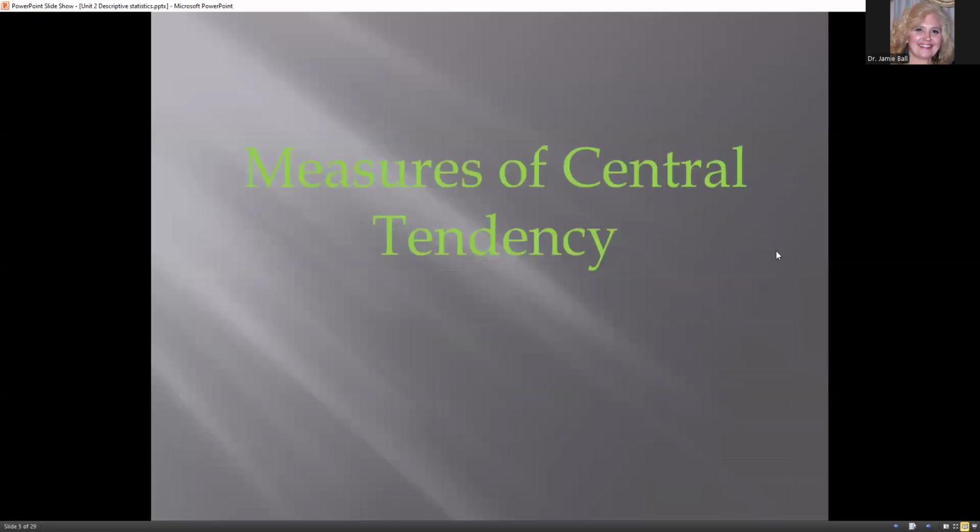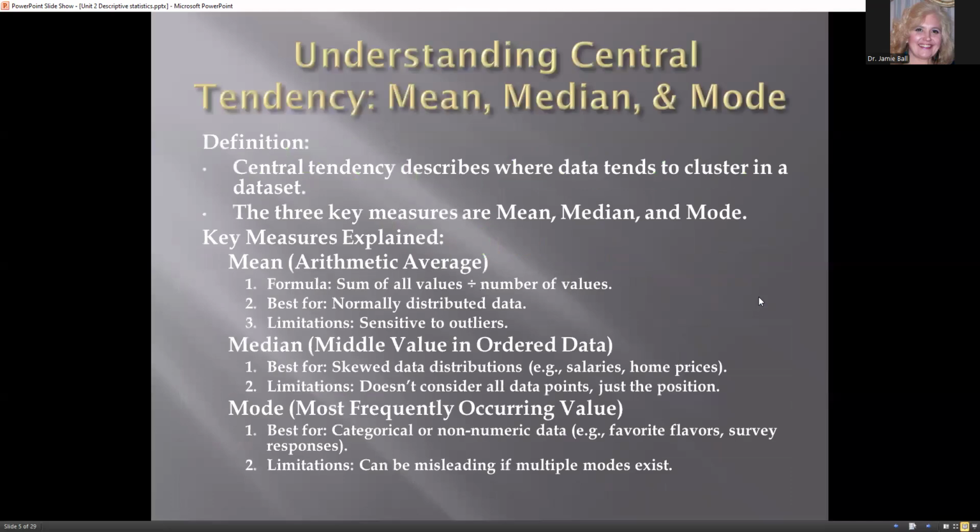So let's talk about measures of central tendency. Central tendency describes where the data tends to cluster or group in a data set. So the main three key measures are mean, median, and mode. If you remember, mean is a mathematical average, but a mean is sensitive to outliers.